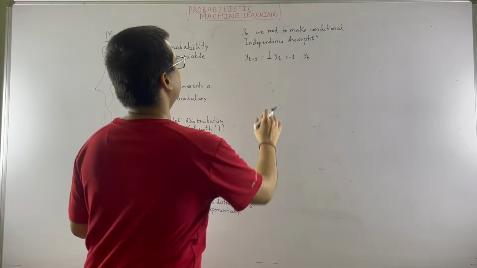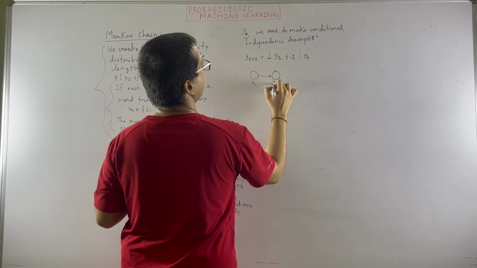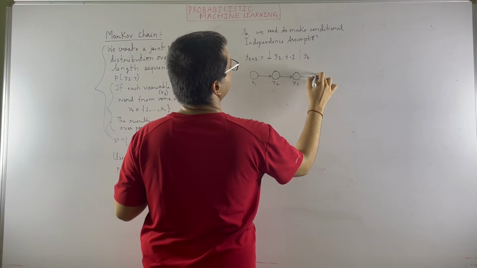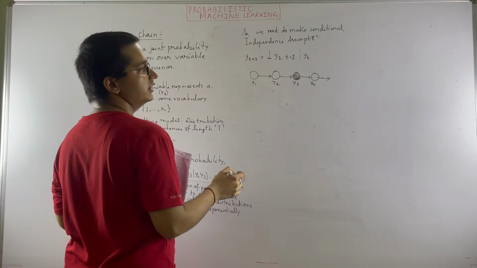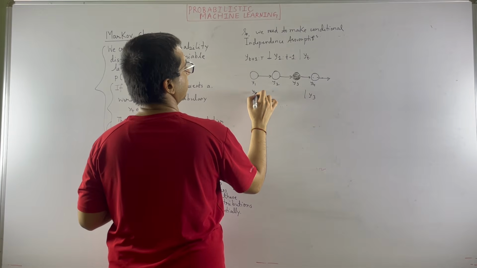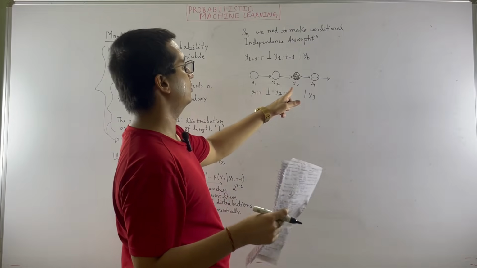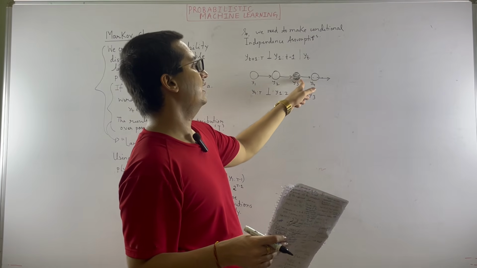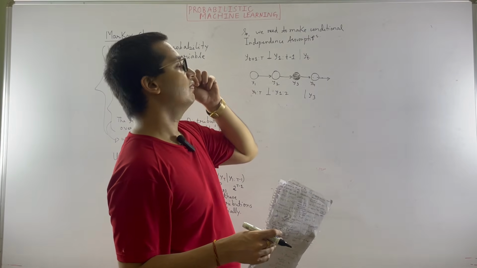What does that mean? Let us say these are my random variables and I have a chain, and this goes on. If I condition on y3, then conditioned on y3, y4 to T will be independent of y1 to 2. Observing y3 will tell me about y4, and I don't need to know information about y2 and y1.